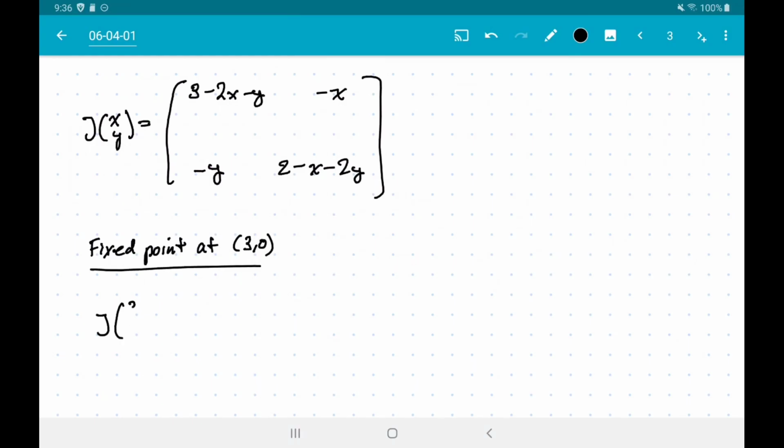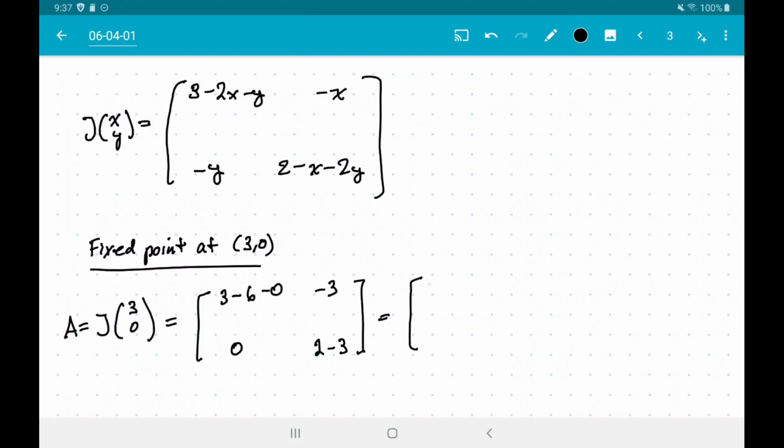All right, well, j of 3, 0, that'll be a here, is, okay, 3 minus 6 minus 0, 0 minus 3 here, and what is this? 2 minus 3 here. So that gives us negative 3, 0, negative 3 here, and negative 1 there.